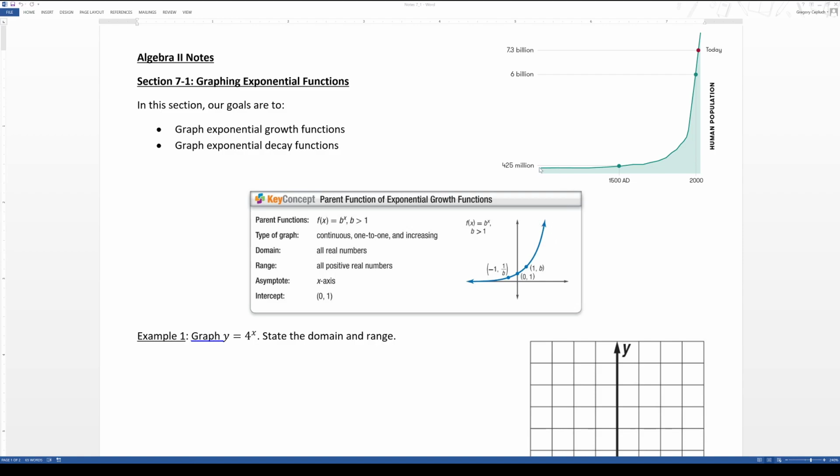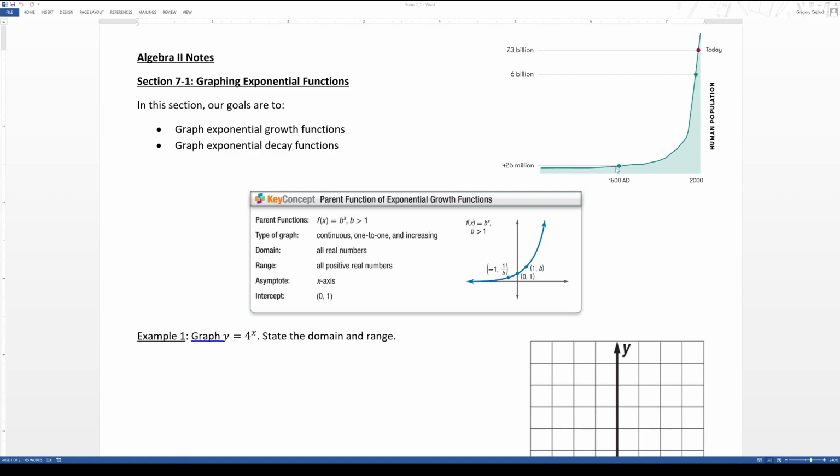And so we see an example of that here in this picture in the notes. You'll see this curve doesn't exactly look like the example here, but this is real data. This is actually the human population on Earth over the last millennium or so, the last 1,000 years. So you'll see way back here, this was hundreds of years ago. As we go through time, the human population is not changing much.